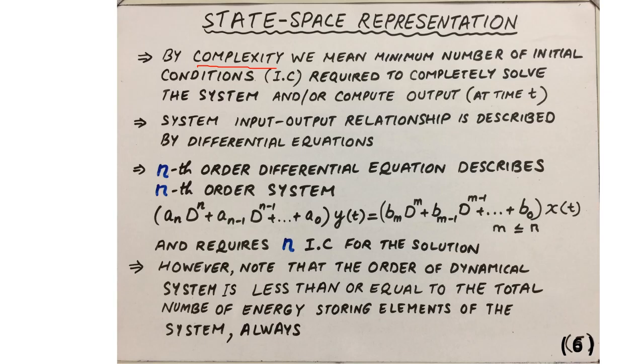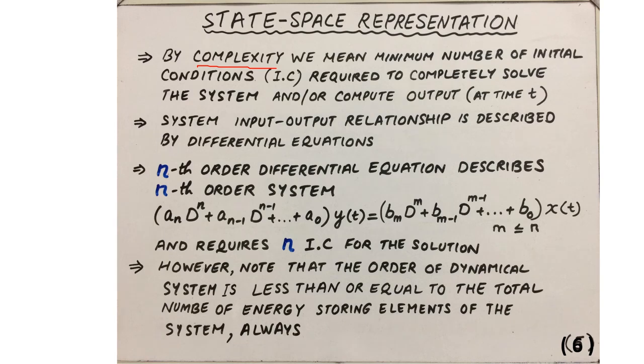For example, in case of an electrical circuit, the complexity of solving the circuit will be the difficulty in obtaining the voltage and the current profile of all of its electrical components. In case of a mechanical system, the complexity refers to the difficulty in obtaining the profile of displacement, velocity, and acceleration of all the components in the mechanical system.